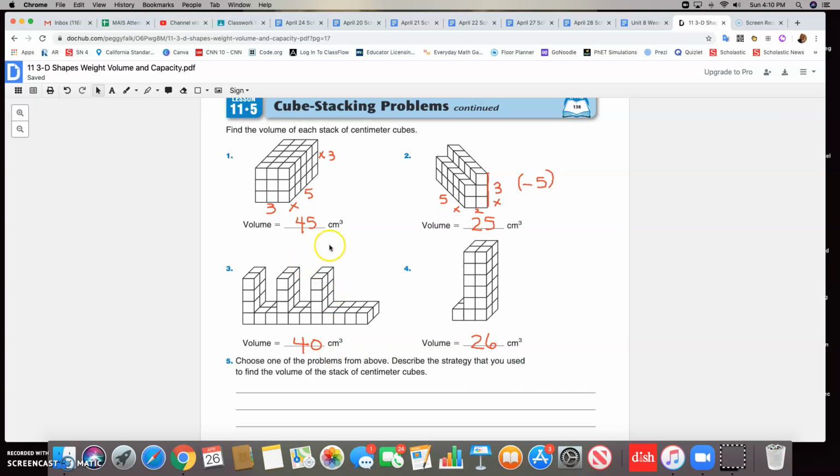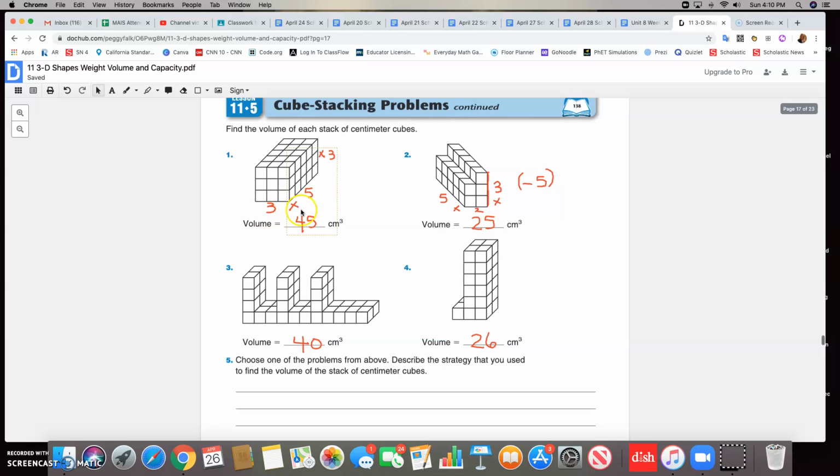So if you figured out how to find the volume of a rectangular prism, you take the base times the length, the width times length, whatever, times the height. 3 times 5 times 3 is 45 centimeters cubed. Now the unit is cubed, we say, with that little 3, because it's a 3-dimensional figure.